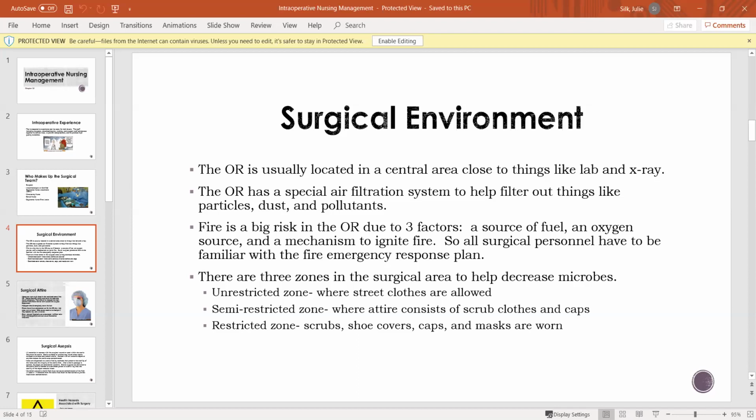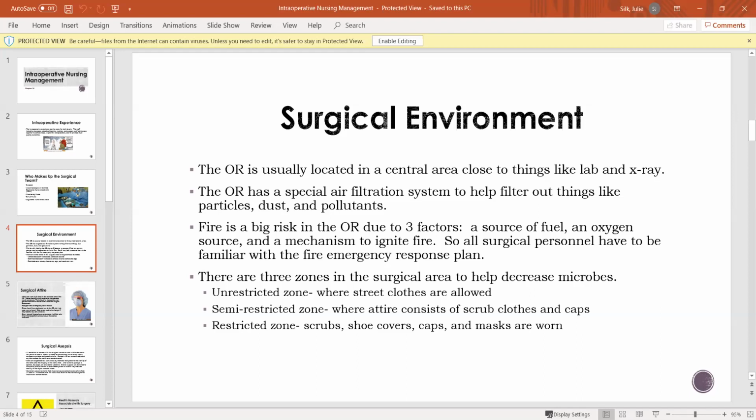So in the semi-restricted zone, this is where you have to be in scrubs and you have to have a cap on your head. Traffic is not allowed to everyone in this area. You have to be in scrub attire and your hair has to be under a cap to enter. Usually this area includes the support areas of the surgical suite.